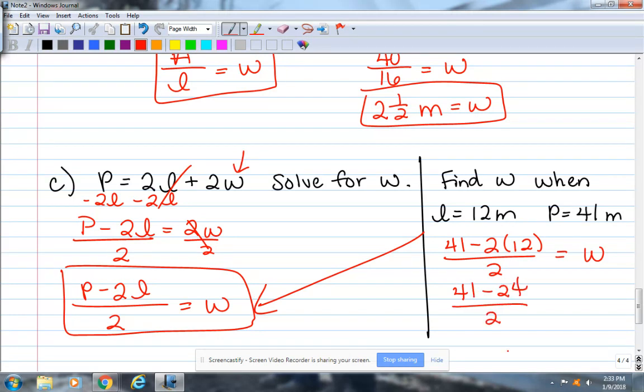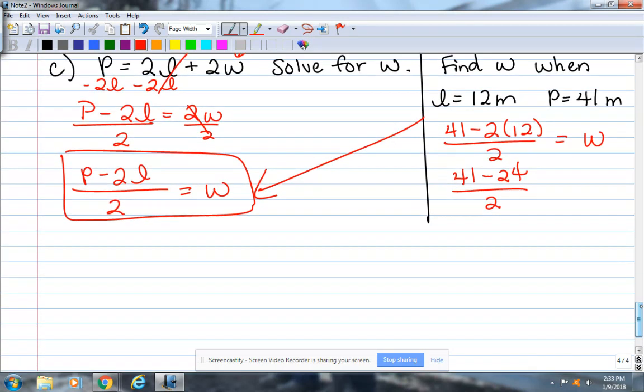What is 41 minus 24? 17. And then 17 divided by 2. And 2 goes into 17 8.5 times. So 8.5. What's my units on that? Meters? Good job.